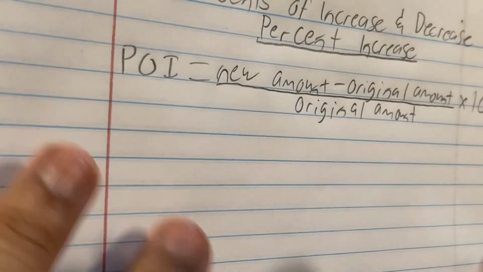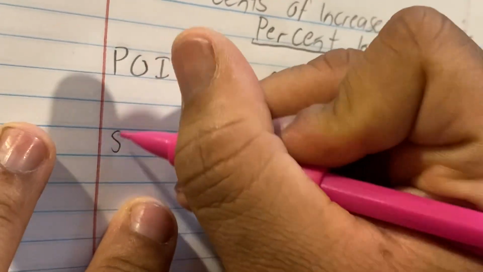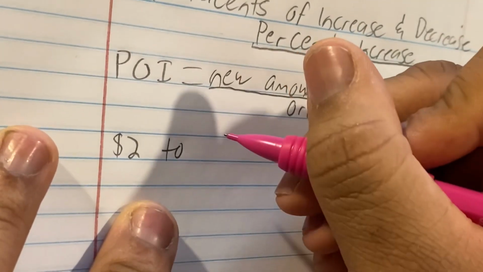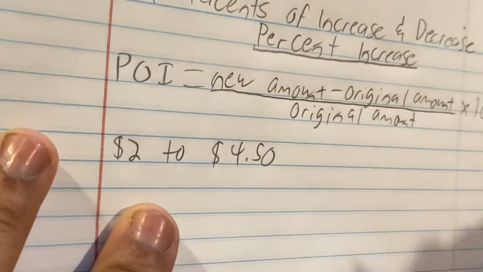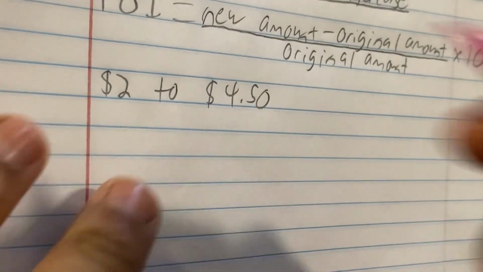Let's use an example with this. Let's go back to that gas theory. Let's say you're at the gas station, and normally the gas is $2, but today, out of nowhere, it bumped all the way up to $4.50. Let's try to find the percent increase. Let's plug in our formula.